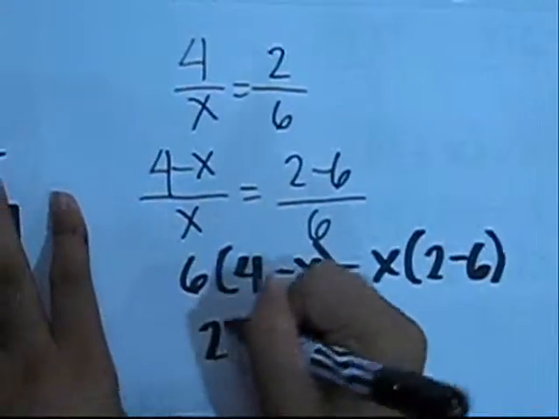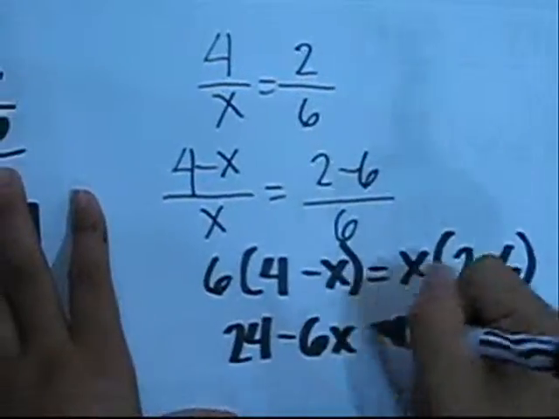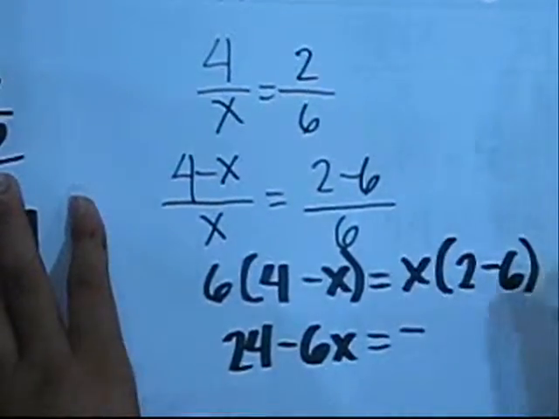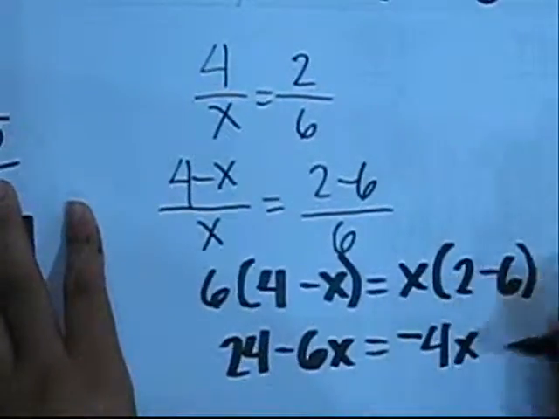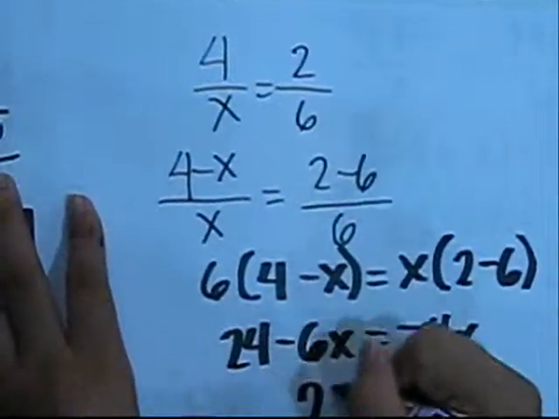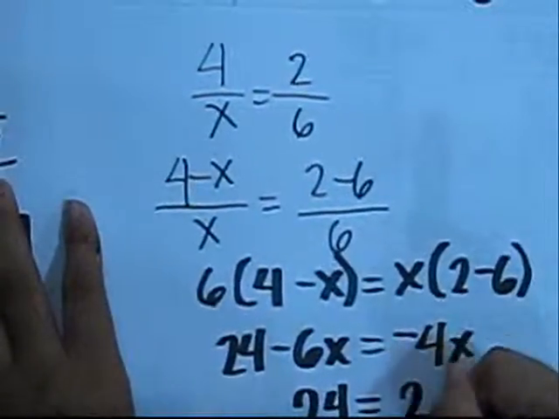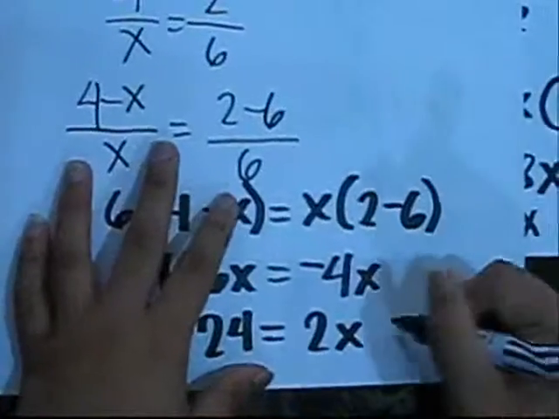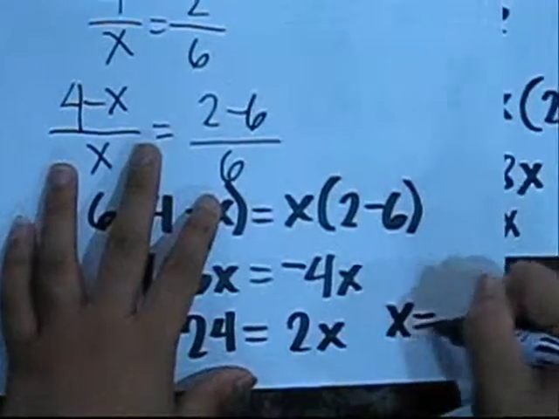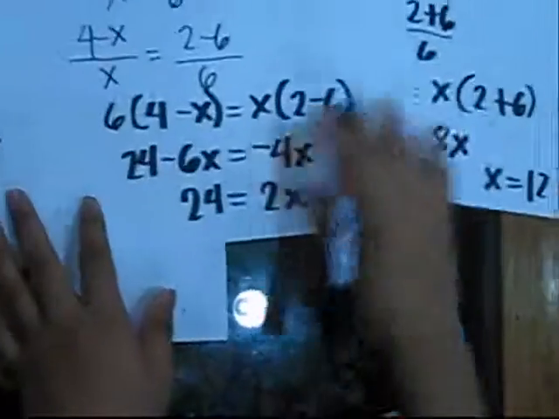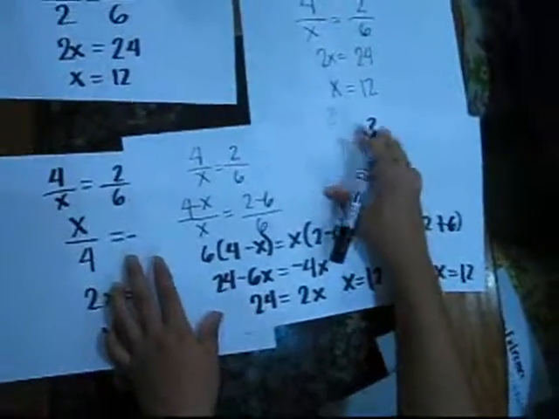So we have 24 minus 6x equals negative 4x. Join like terms, we have 24 equals 2x. Take 1/2 on each side again. We have x equals 12. Still the same with all other methods we used.